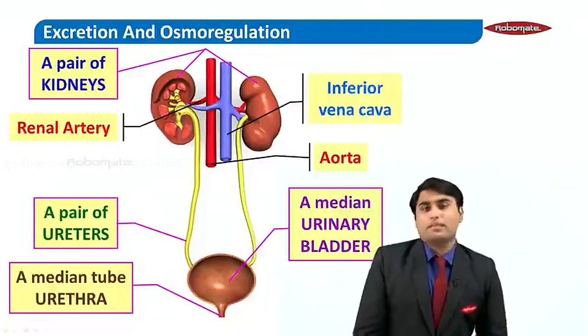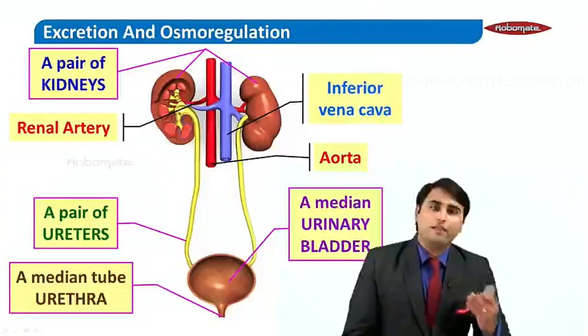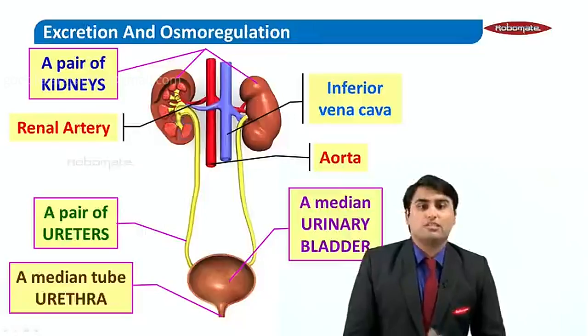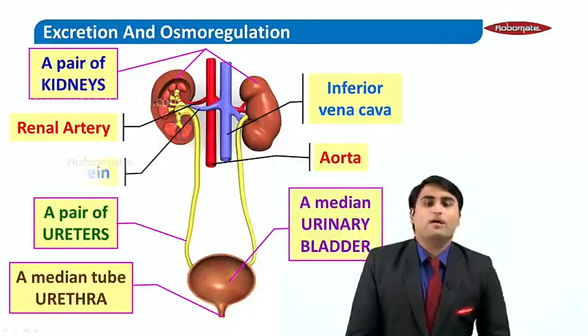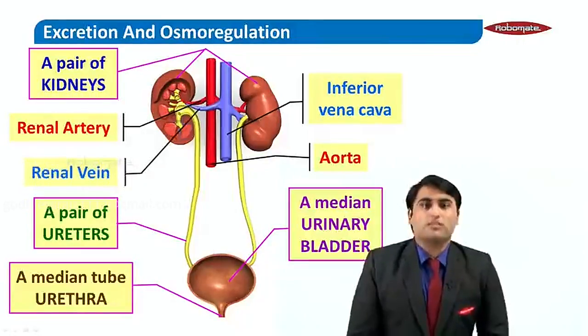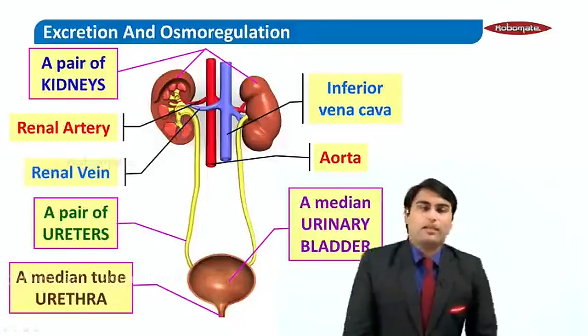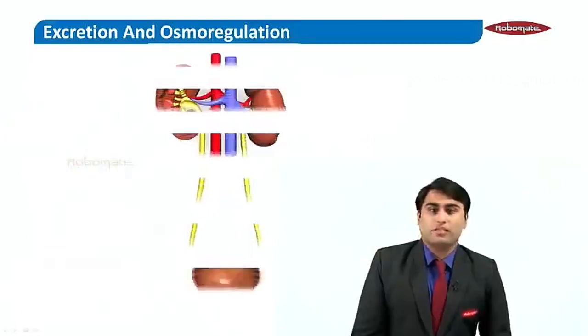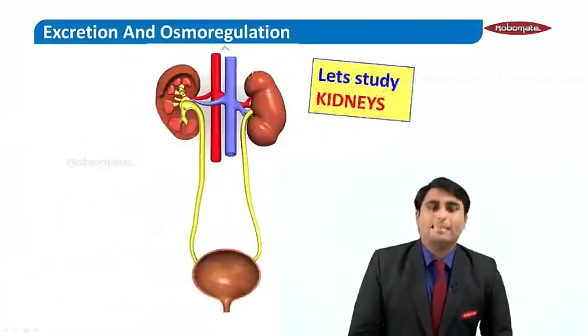As the aorta brings the oxygenated blood to the kidneys via the renal artery, the inferior vena cava carries the deoxygenated blood received from the kidneys via the renal vein. So these are the two important blood vessels of the kidneys. Now let's continue ahead and study in more detail about kidneys.